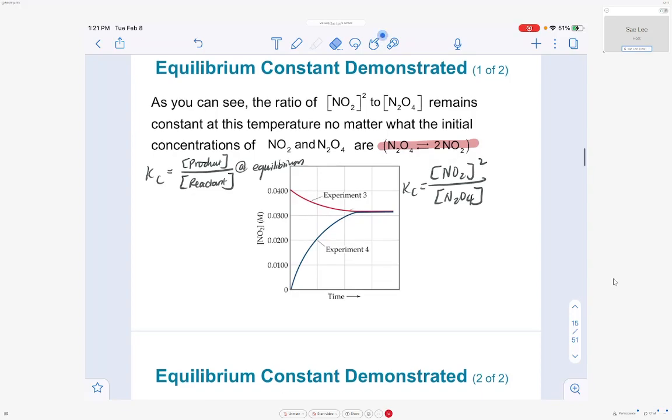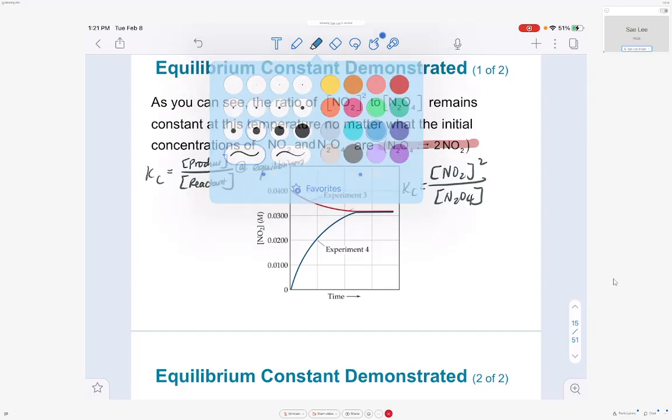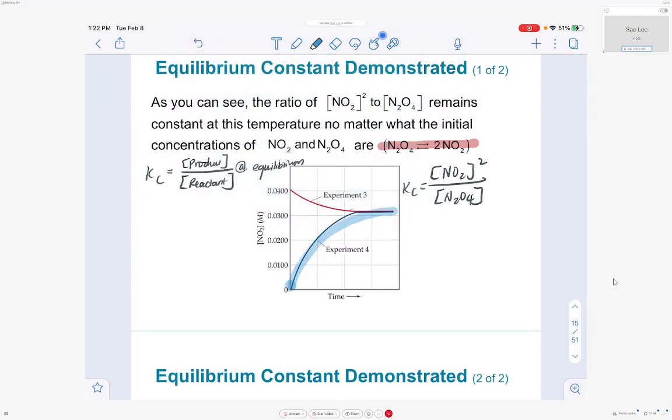The blue line shows that you're starting with 0 concentration of NO2, 0 concentration of product. In experiment 3, you are starting with a higher concentration of NO2. No matter what direction you start your reaction, once you reach equilibrium, your concentration of NO2 will be the same.